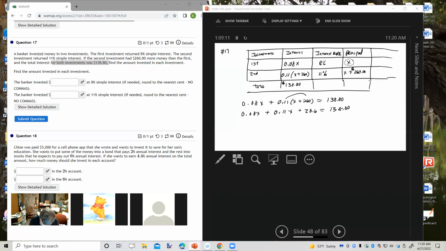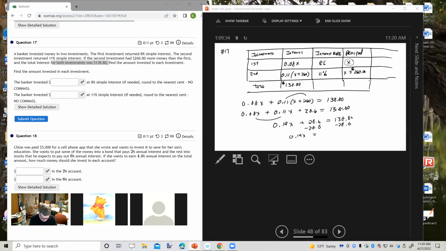Glasses on so I can see the decimal points. 0.08x plus 0.11x would be what? 0.19x plus 28.6 equals 138.80. We'll subtract 28.6.